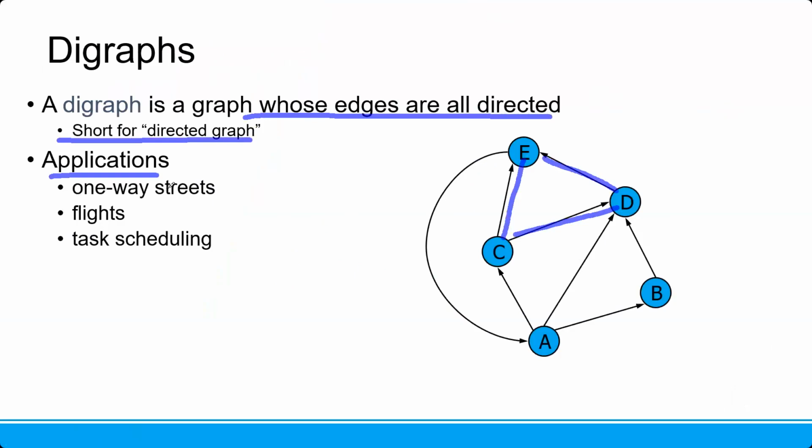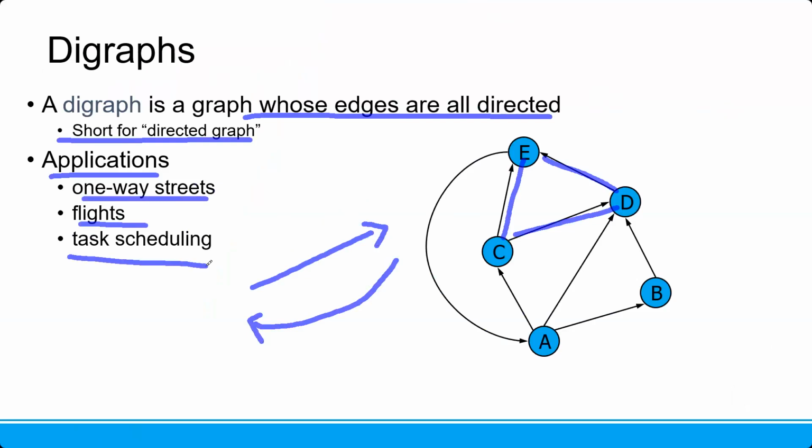The shortest path should apply the directed graph, as it may be a one-way street, where there will be only one way. You can have another way if it is a round trip, or task scheduling.